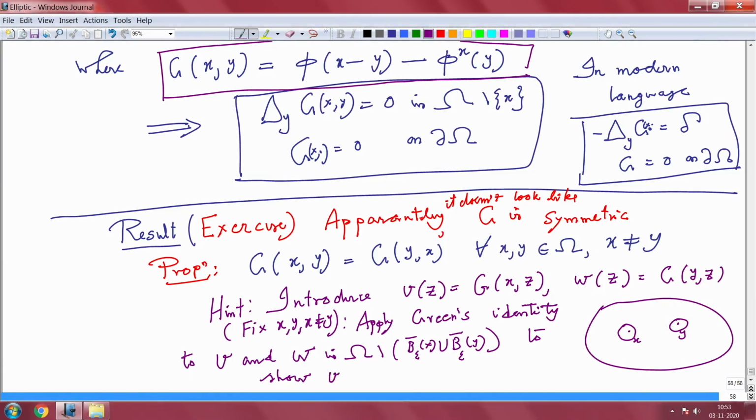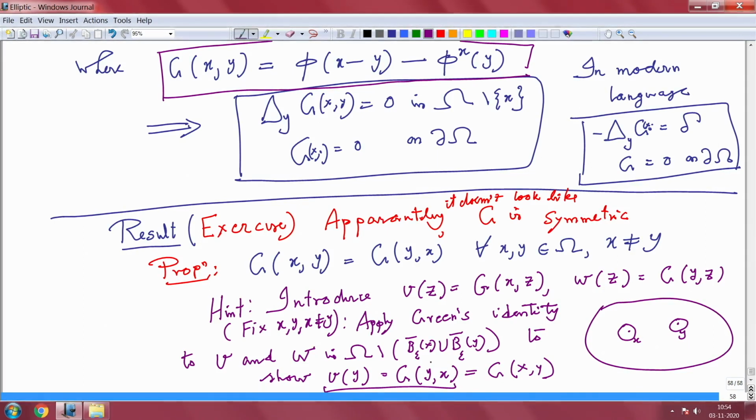What you want to do is to show that V of y is equal to G(x,y), and that this is equal to G(y,x).